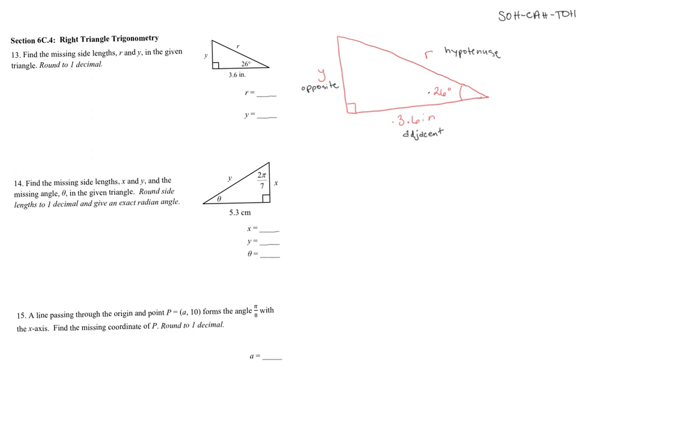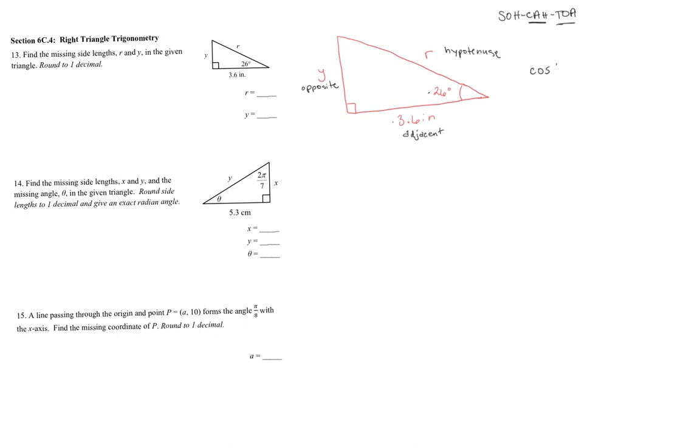If we have the angle and the adjacent side, we can find the opposite side with TOA. And if we have the adjacent side and the angle, we can find the hypotenuse with CA. So, let's find the hypotenuse real quick.